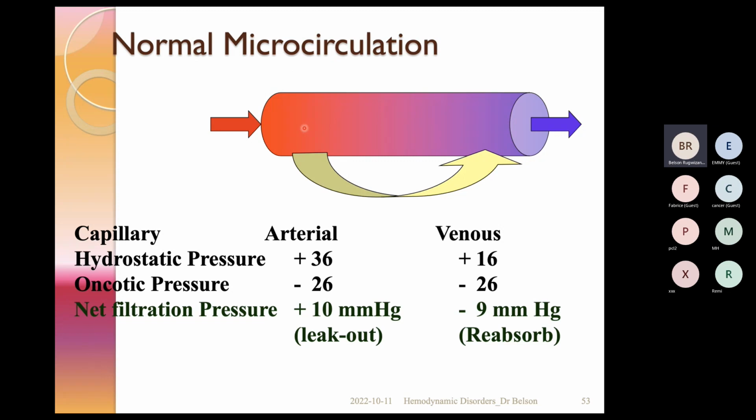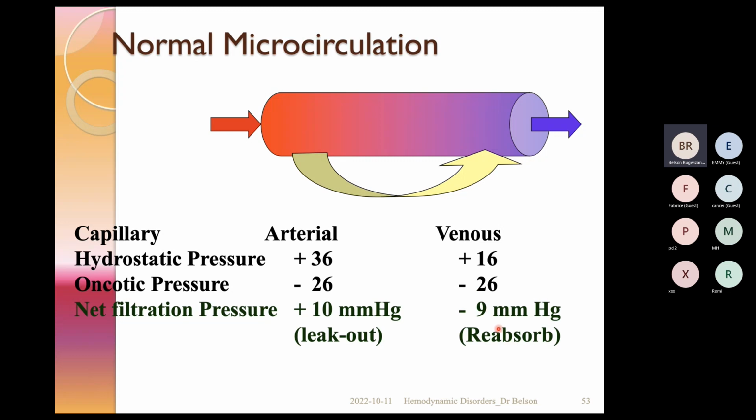When I say blood, don't think of blood cells only; it is fluids, proteins and other nutrients. When we arrive at the venular end, you see that the hydrostatic pressure is plus 16, but oncotic pressure or osmotic pressure is minus 26, which means now the resultant will be negative.